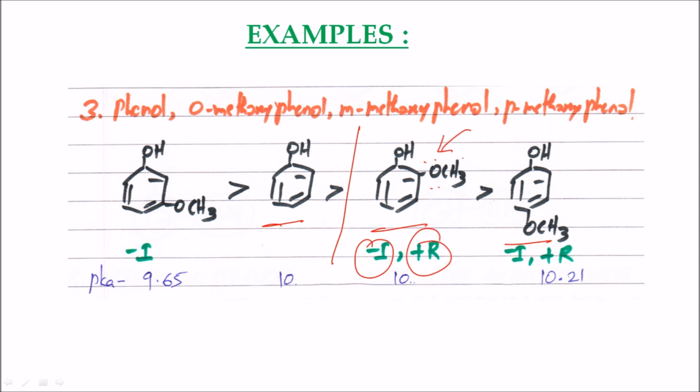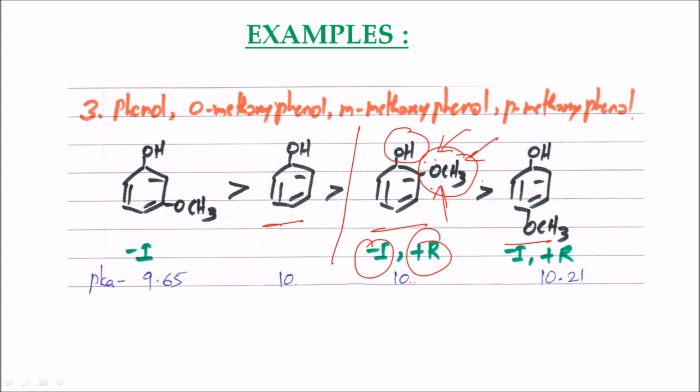Now just see the first one, ortho-methoxyphenol. Methoxy group and hydroxy are both bulky groups, right? And if bulky groups are present, there will be steric hindrance, or repulsion between these two groups. As a result of repulsion, the methoxy group is slightly deviated from the plane, so it's not exactly in the plane. If it is not in the plane, it will disturb the resonance, right?